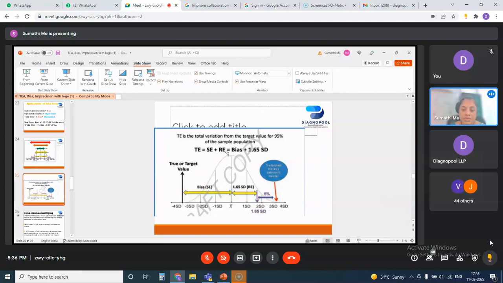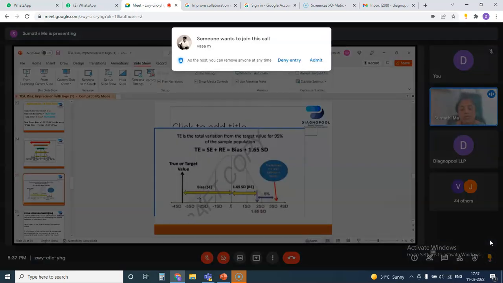So for the bias, we are including the entire part, right? So this 5% is again, if you take that 2 SD, this 5% of it you are going to add into your error system. So 5% of your additional error calculation will overshoot the required quality control set.